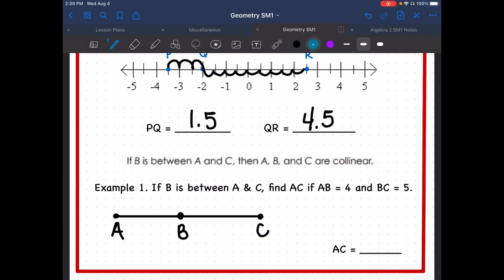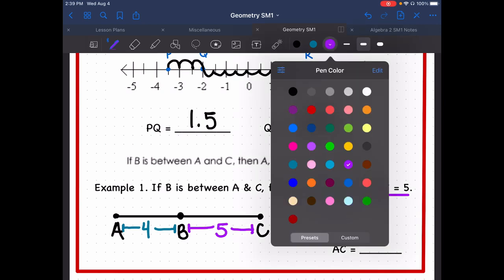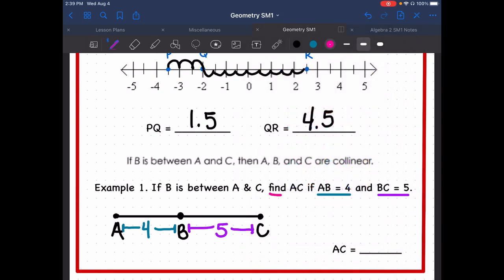All right, then it says AB is 4, so I'm going to put a 4 right here, which means from this letter to this letter it's 4. Then it says from B to C is 5, so I'm going to put a 5 right here. And it asked me to find AC.